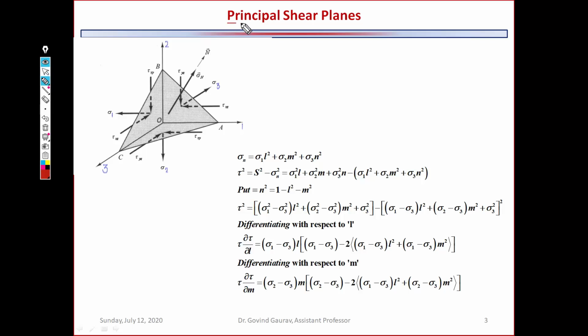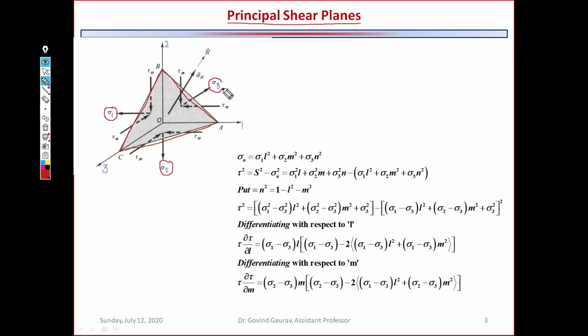Now the calculations of the principal shear planes. Over here again we have the oblique plane, which is represented by the triangle A, P and C. We have calculated the values of the maximum normal stresses. The maximum normal stresses are represented by sigma 1, sigma 2 and sigma 3.